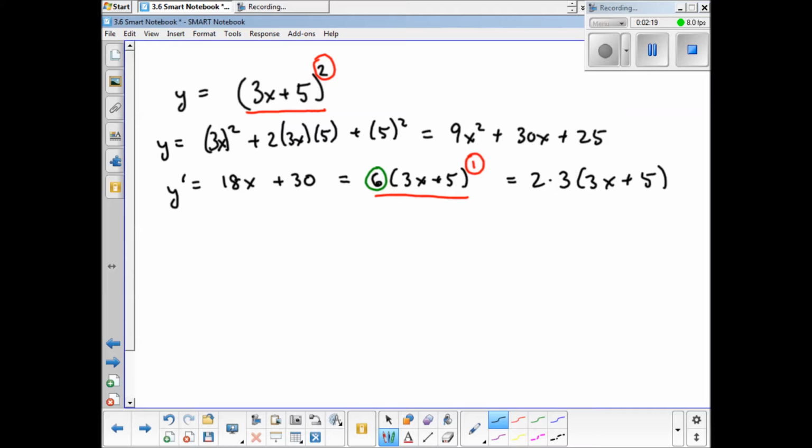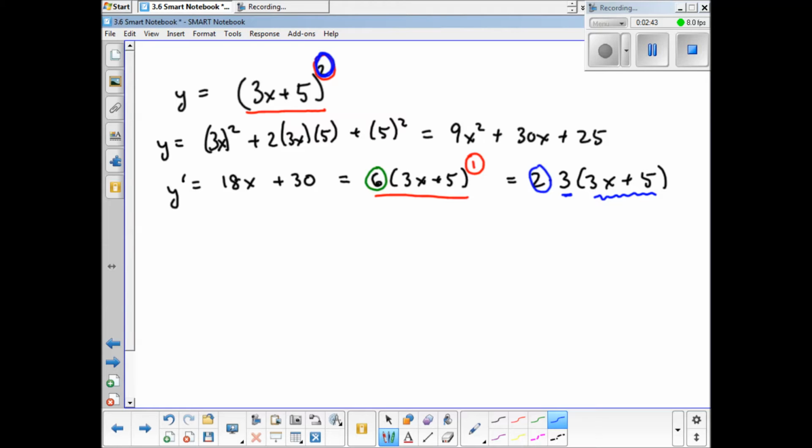So where did the 2 come from? Where did the 3 come from? We can see the (3x + 5) to the first. Turns out, and you may be guessing this already, that the 2 is the original 2 from up here, and the 3 is the derivative of the inside part.